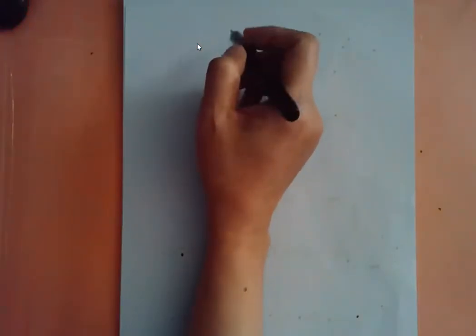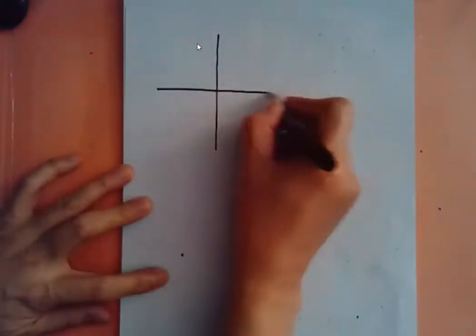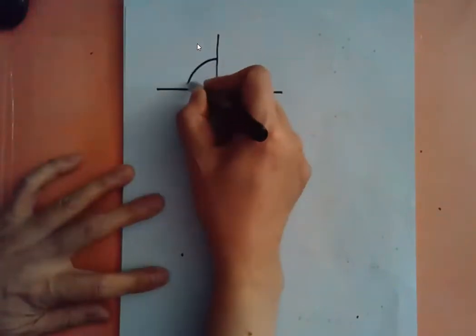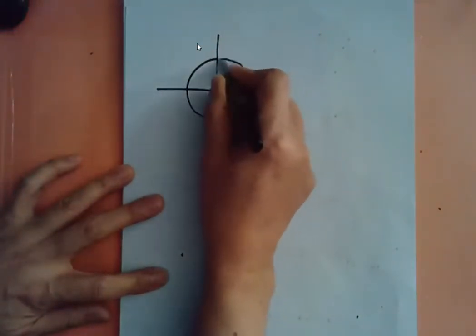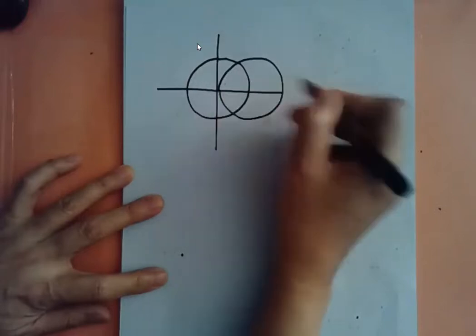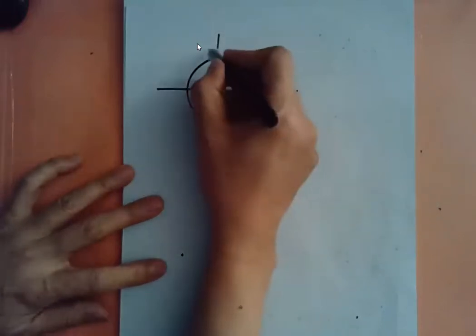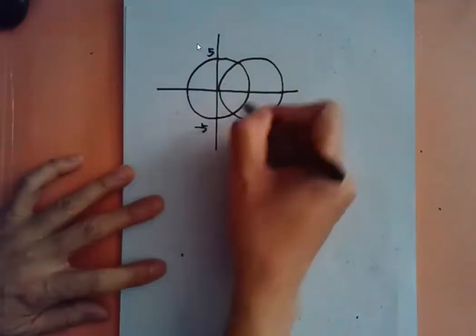So let's draw the circles. So this is a circle with radius 5, and this is also a circle with radius 5 with a different center. This is 5.